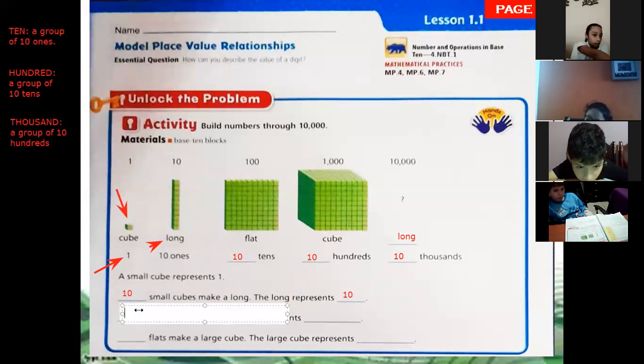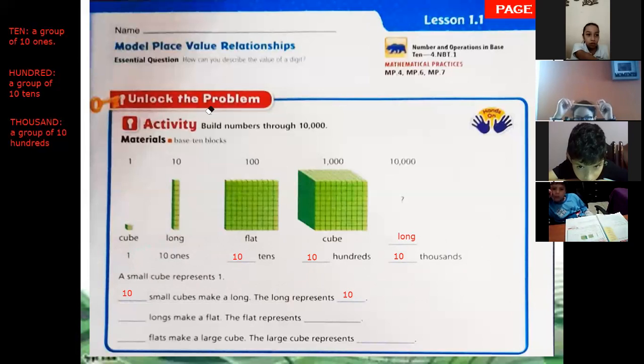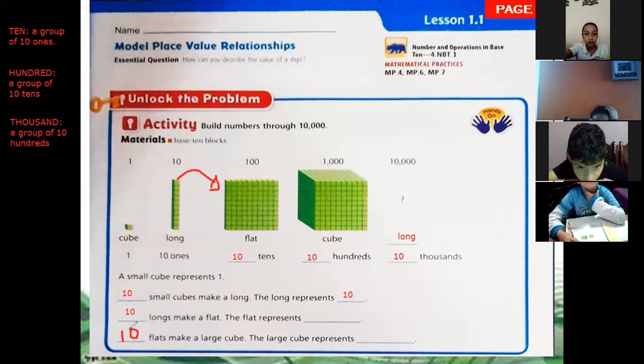Now, the next line, longs make a flat. How many longs or tens make a flat? How many? Wake up, class. 10 again, right? 10 longs make a flat. And 10 flats make a cube.